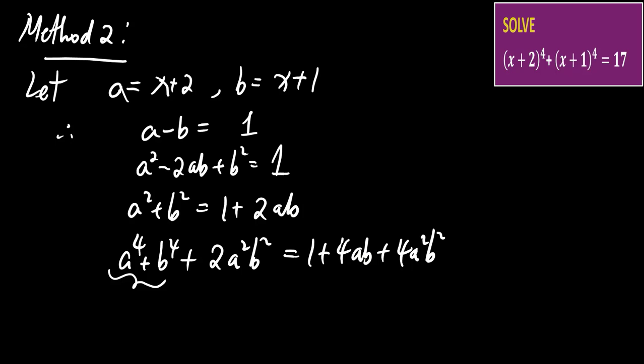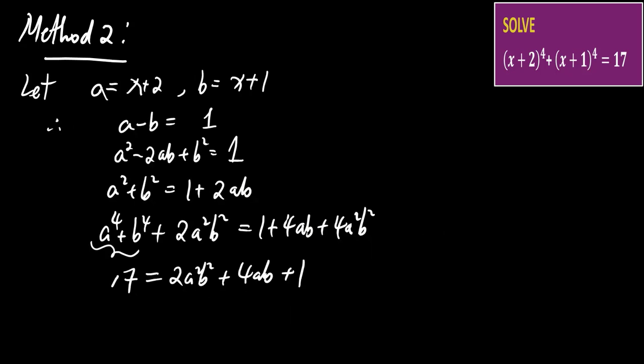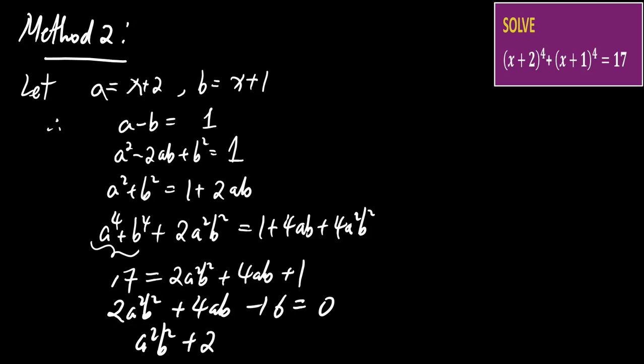And from the equation, a^4 plus b^4 equals 17. So 17 equals 2a squared b squared plus 4ab plus 1, meaning that 2a squared b squared plus 4ab minus 16 equals 0. So a squared b squared plus 2ab minus 8 equals 0.